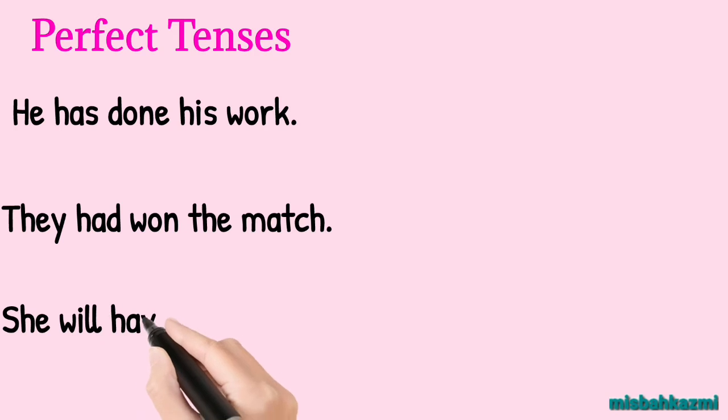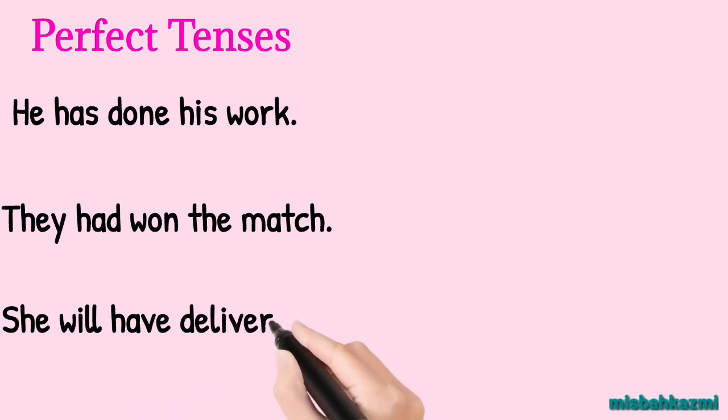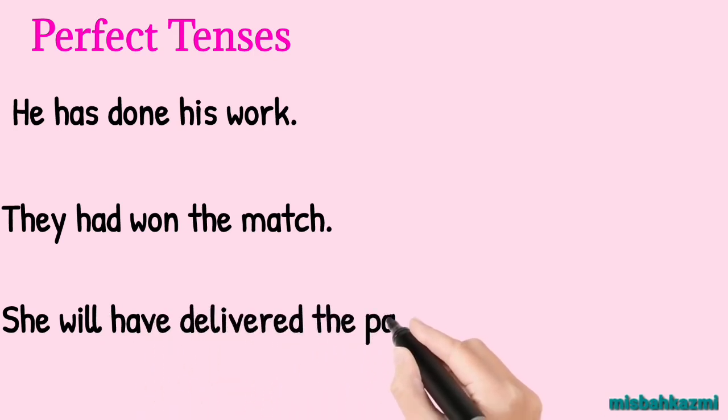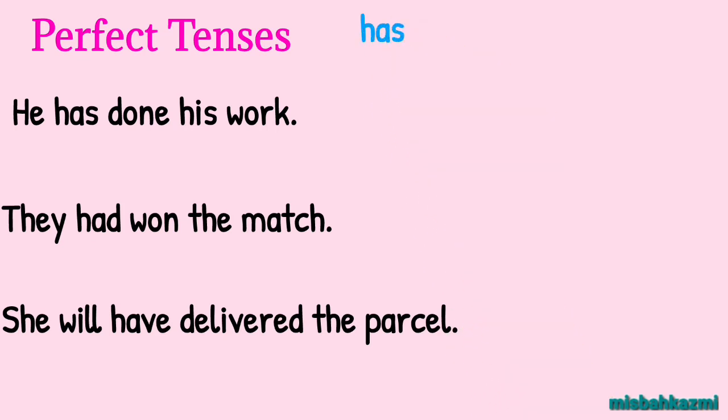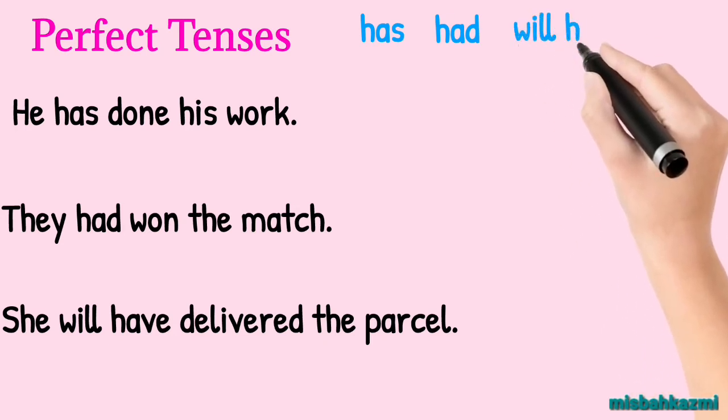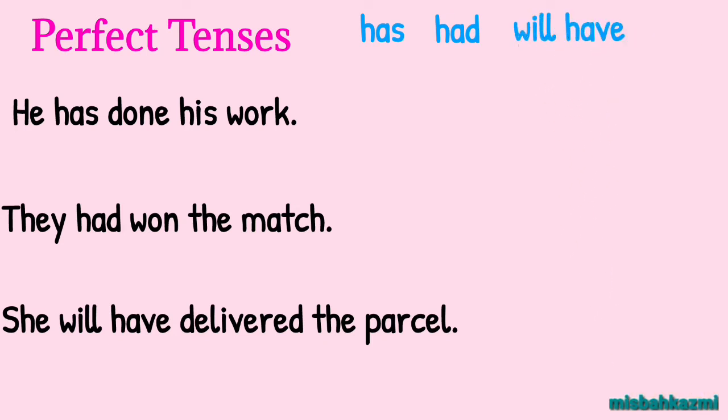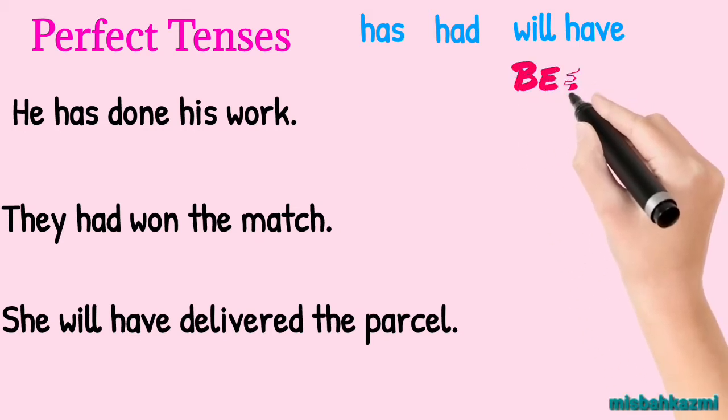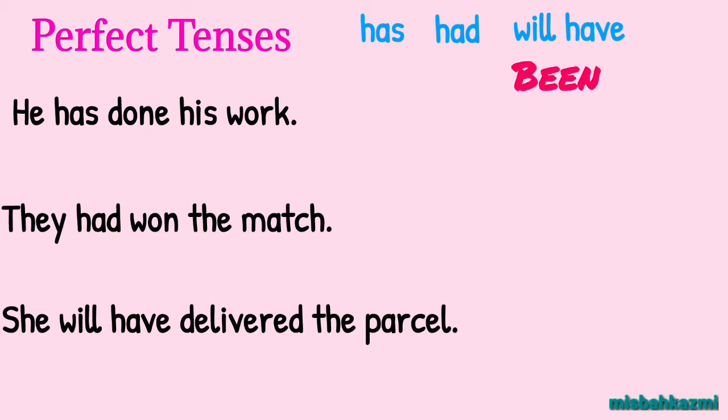She will have delivered the parcel. This is future perfect. Now you must have noticed that has, had, and will have are already there in the sentence. Now we will add been. This is actually the be, and this is the participle been.